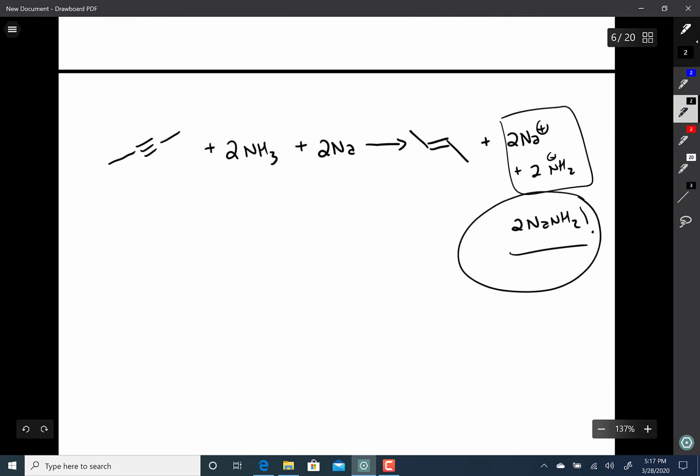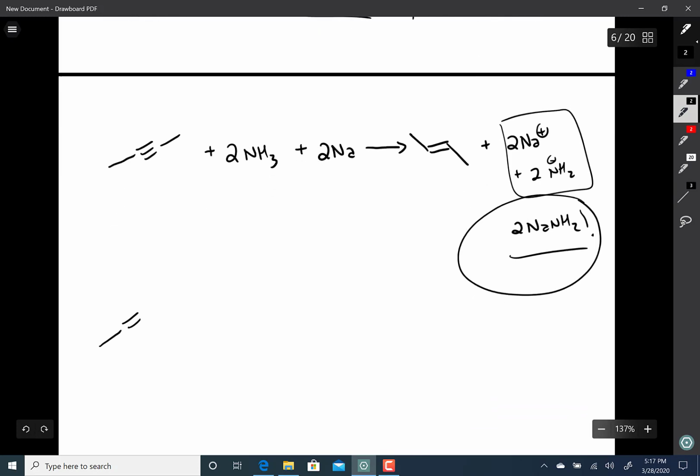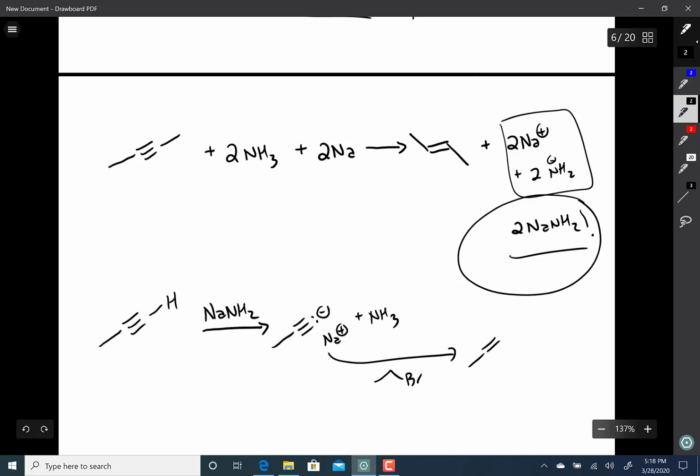And the answer is we have used it in synthesis reactions to deprotonate terminal alkynes. And then we use the resulting carbanion in an SN2.